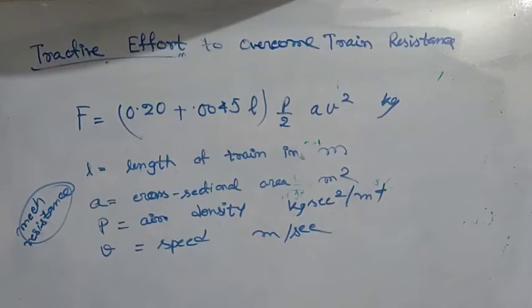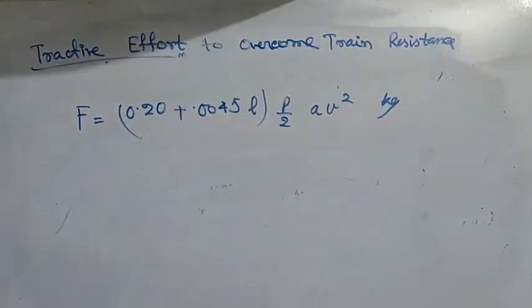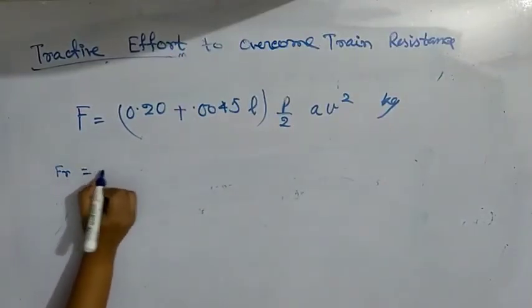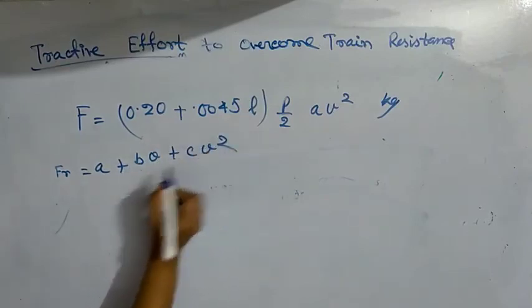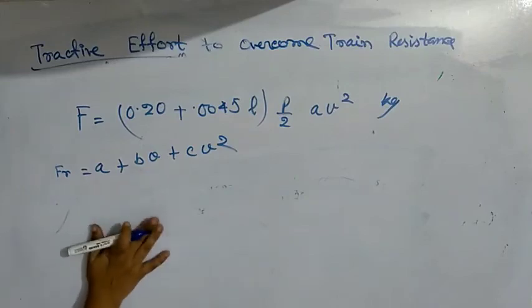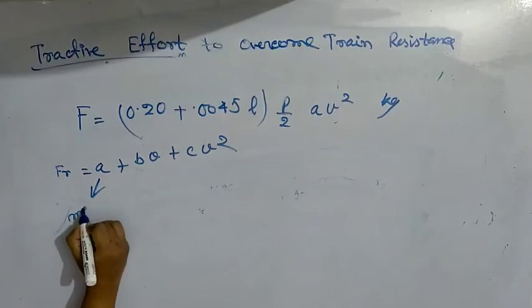Wind resistance on the other hand is considered to vary with the square of the speed of the train, and total train resistance in case of an electric train is given by Fr equals A plus B into V plus C into V square. Now, V is the train speed and A is the constant representing the mechanical resistance.